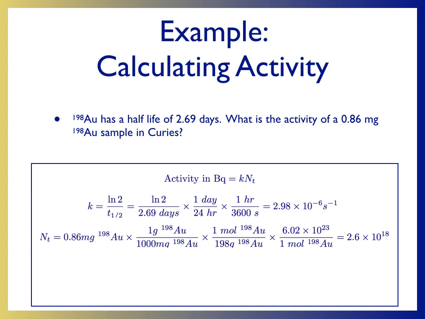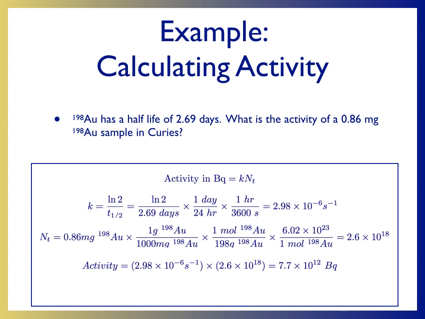This gives us 2.6 times 10 to the 18th gold-198 nuclei. Our next step is to calculate our activity, now that we have the rate constant and the number of nuclei. We can multiply those two values together to get an activity of 7.7 times 10 to the 12th becquerels, or 1 over seconds.